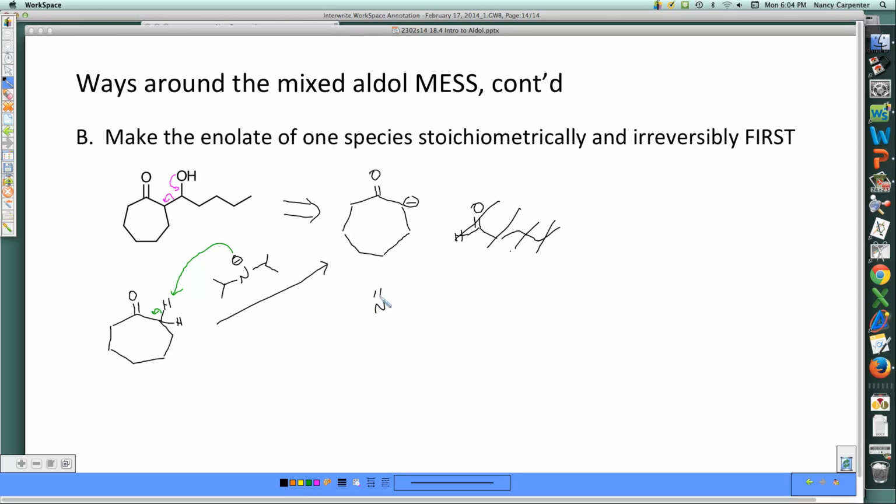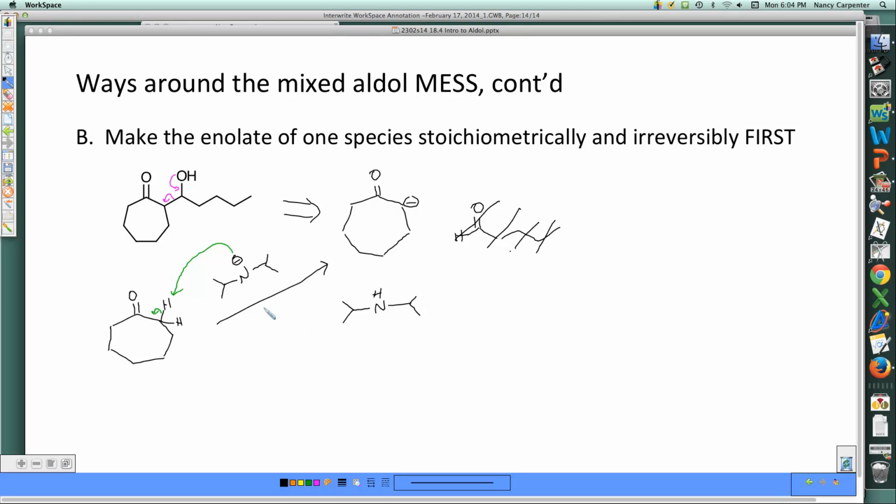My conjugate acid is diisopropylamine, and basically, no pun intended, that's a favorable equilibrium, because the enolate is comparable in stability. You might want to look up the pKa values.